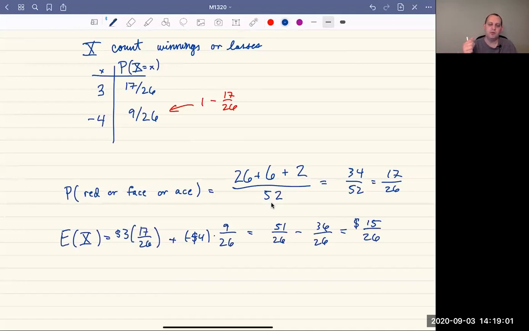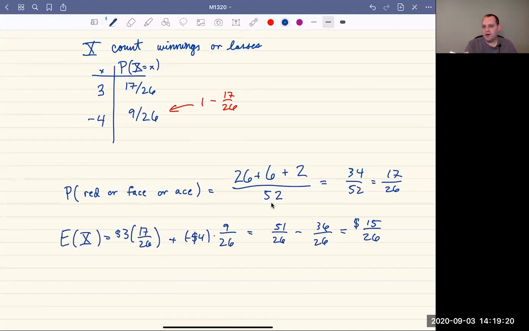So on average, we would win 60 cents. That says that if we were to play this game 1,000,000 times, we would be up roughly $600,000. So our profit would be $600,000.